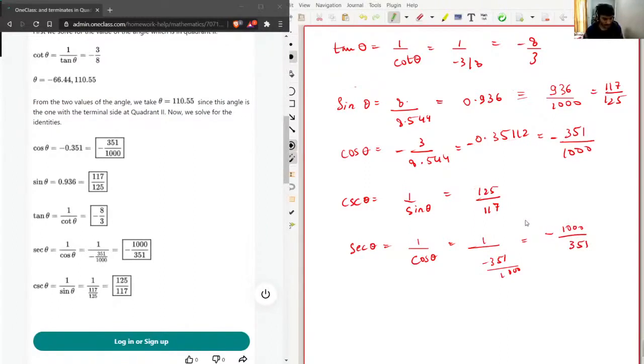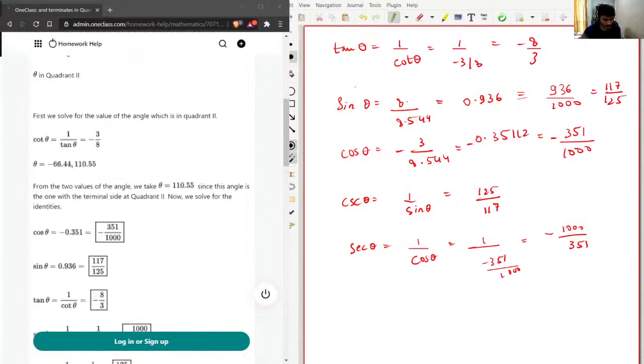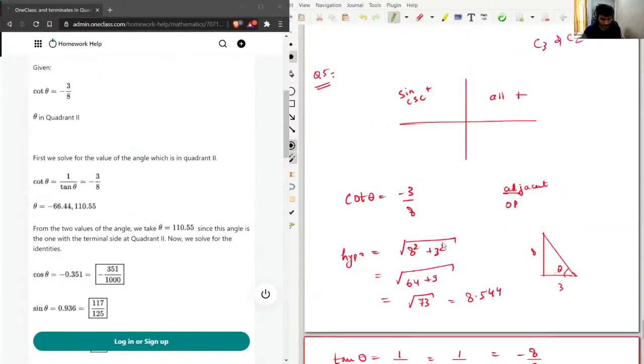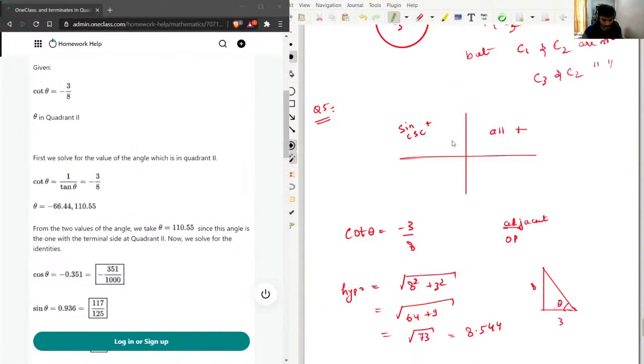Obviously you can just calculate the angle, and I'll explain one thing. For the given case cotangent is negative, and cotangent is going to be negative in the second quadrant and in this quadrant.